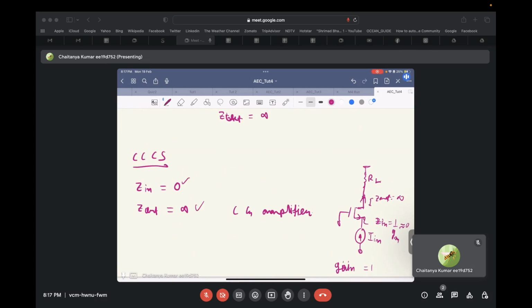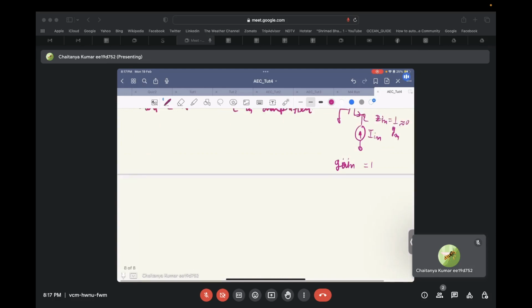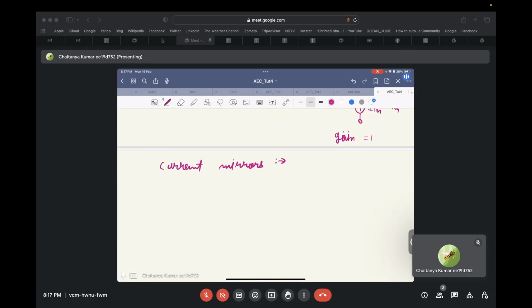Now let's say we wanted a current controlled current source with a gain other than unity. In that case, we will use the concept of current mirrors. So how does a current mirror work?